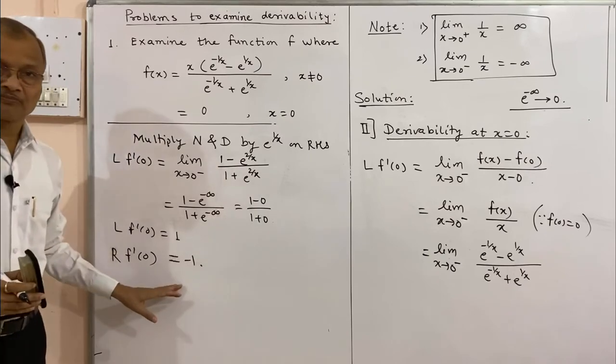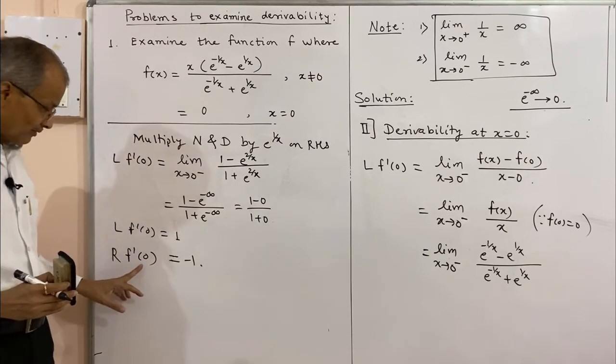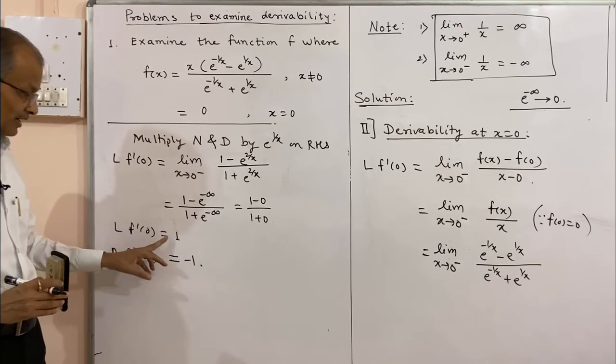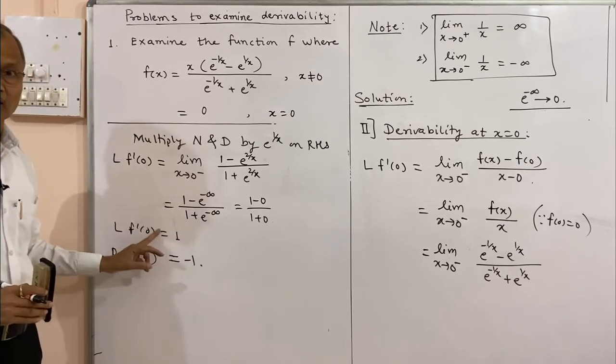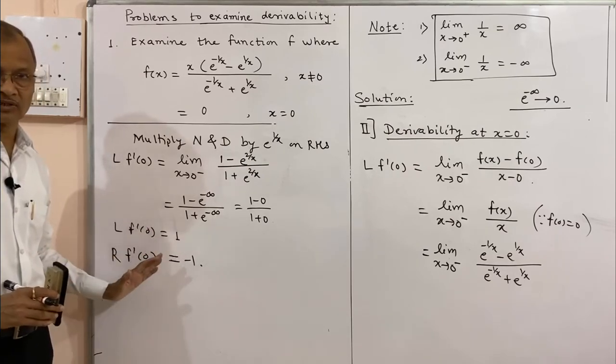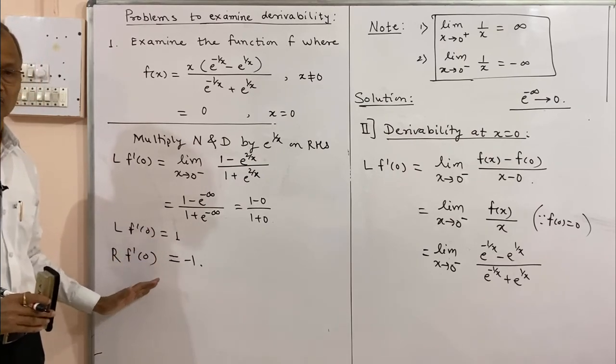Now we observe, the right hand derivative of f at 0 is minus 1, and the left hand derivative of f at 0 is 1. So these are unequal, and therefore the function is not differentiable at x is equal to 0.